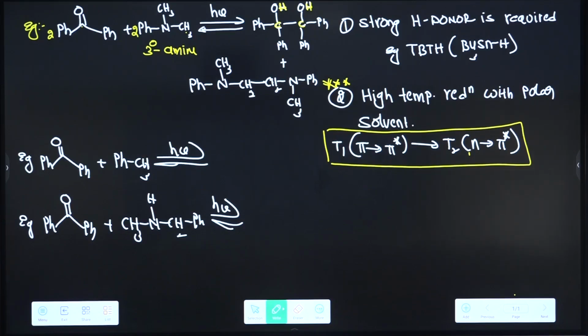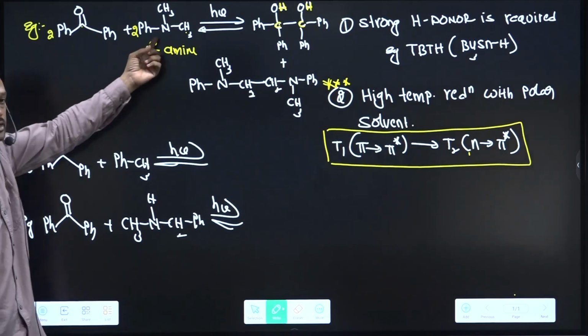If tertiary amine is a hydrogen donor, pinacol is the major product and a dimer formation takes place with tertiary amine.